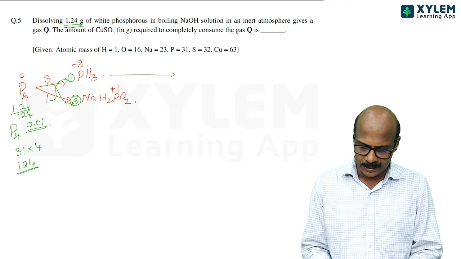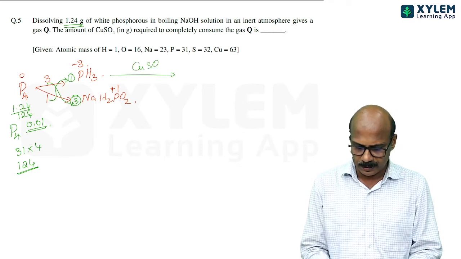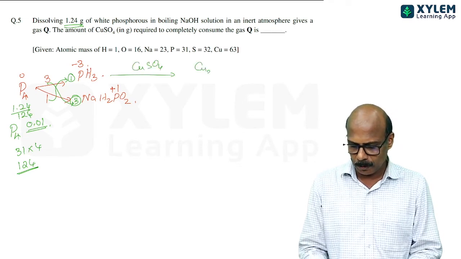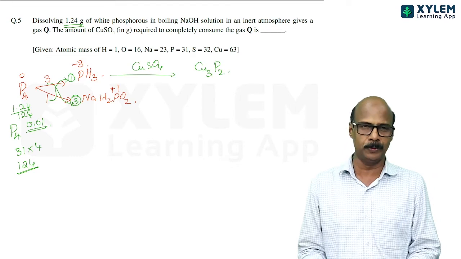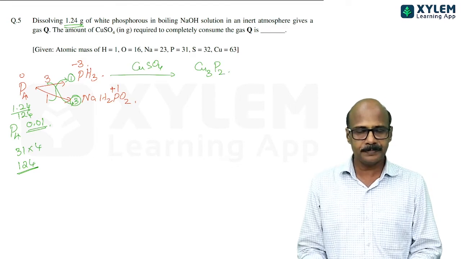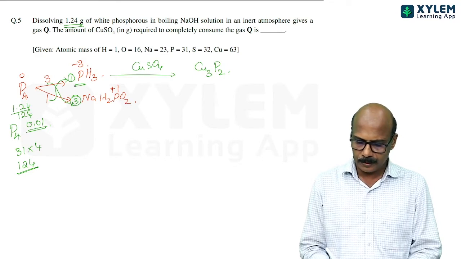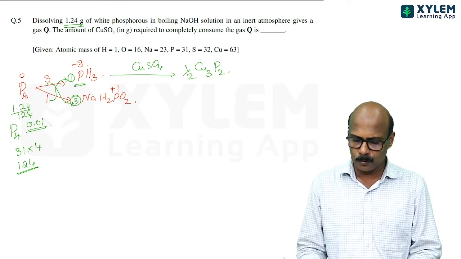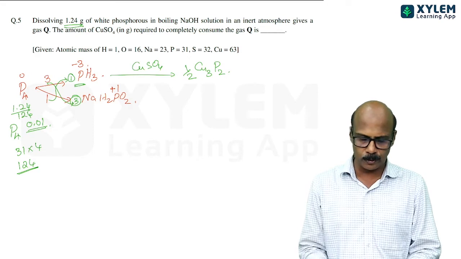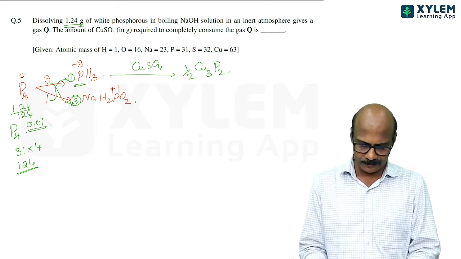this phosphine gas is treated with copper sulfate, you know that the product will be Cu3P2. And again, when the equation is balanced, 1 mole phosphine can produce only half mole Cu3P2 based on the principle of atom conservation.